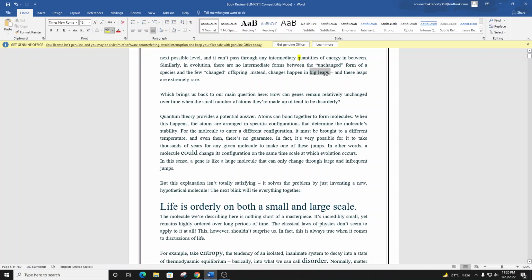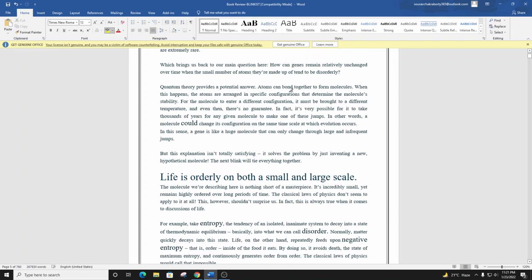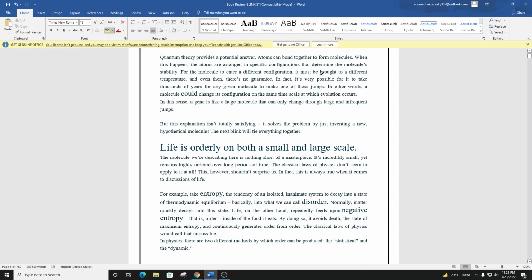Which brings us back to our main question here. How can genes remain relatively unchanged over time when the small number of atoms they're made up of tend to be disorderly? Quantum theory provides a potential answer. Atoms can bond together to form molecules. When this happens, the atoms are arranged in specific configurations that determine the molecule's stability.